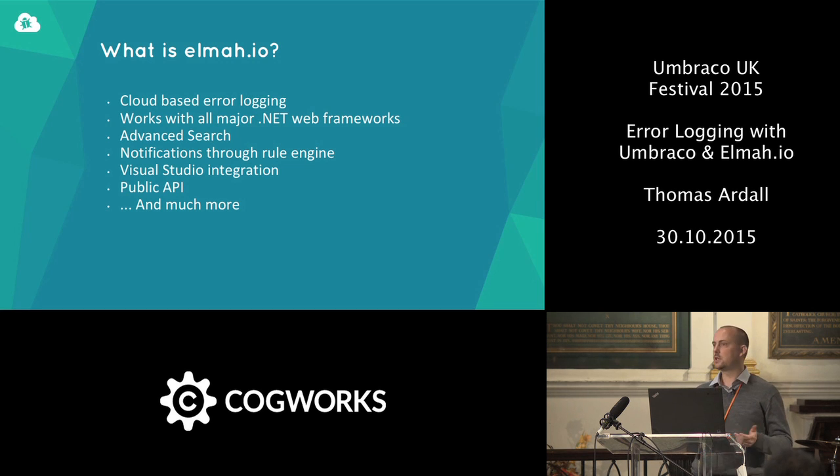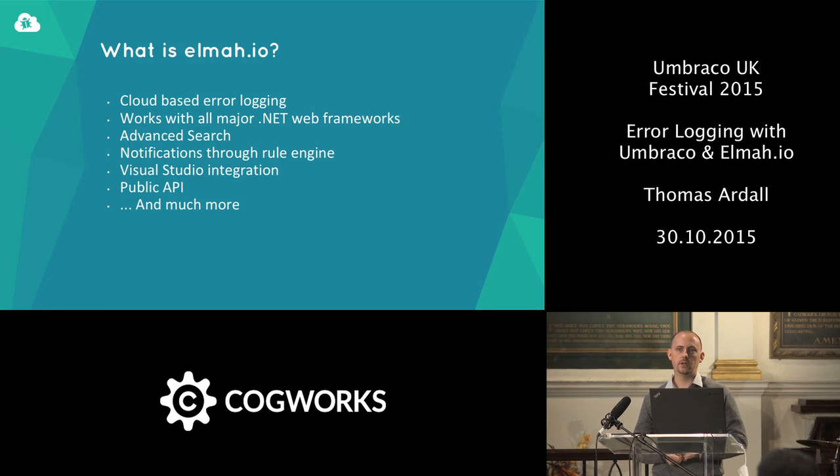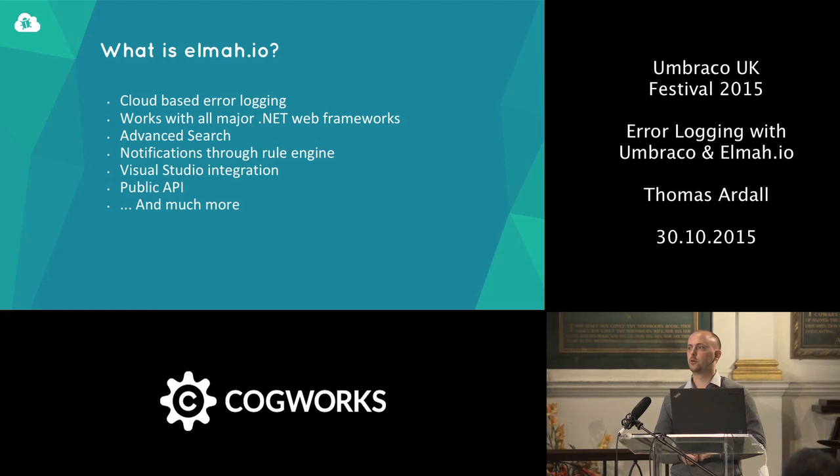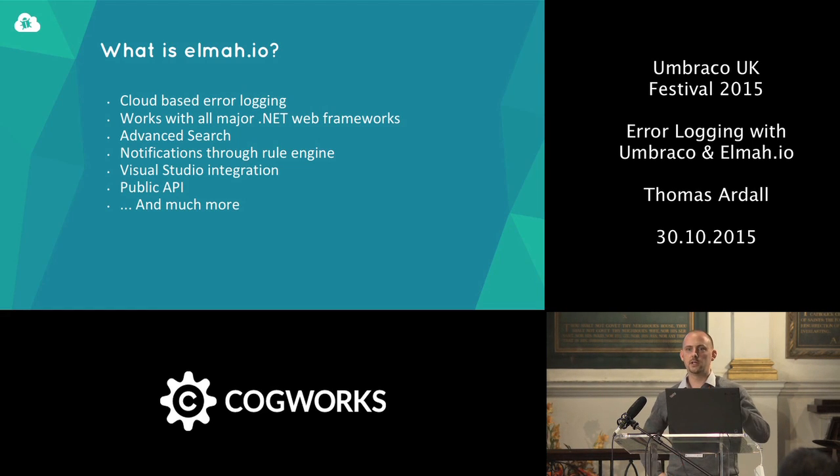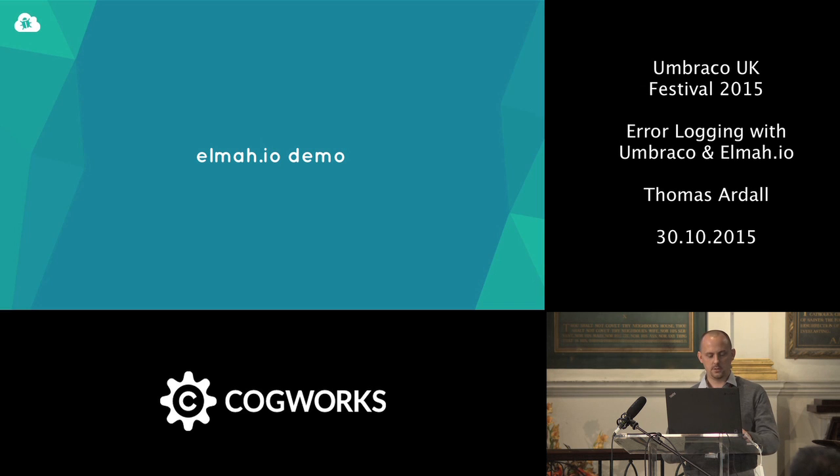When we have this data in Elasticsearch, we can offer some advanced search capabilities. We have built some notification support around this. We have integration with Visual Studio as well, so you can sit inside Visual Studio and browse through all your errors. And of course, we have a public API that you can utilize to do other things, and a lot more features. So let's look at Elmah.io.